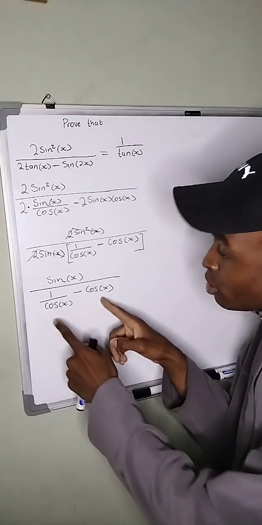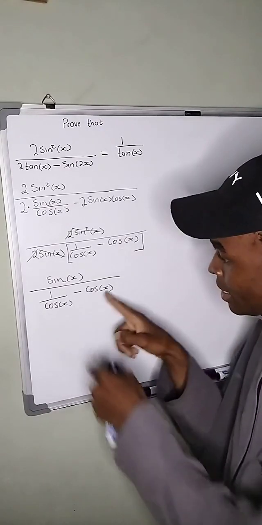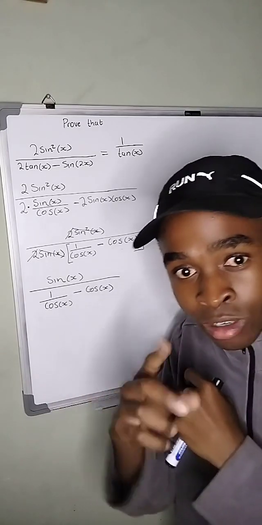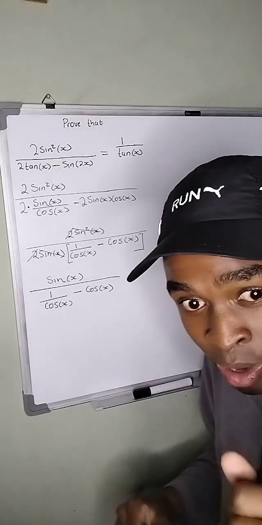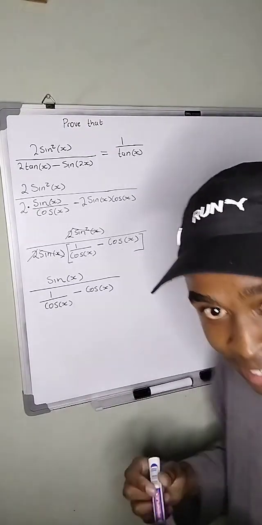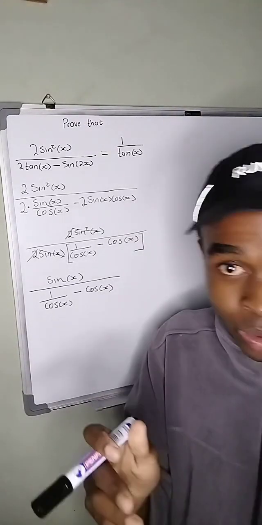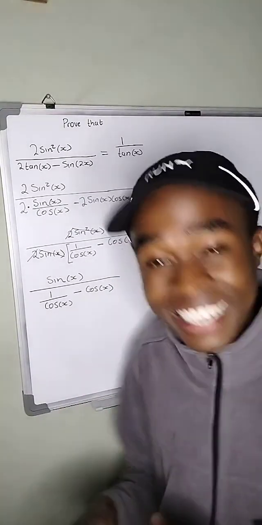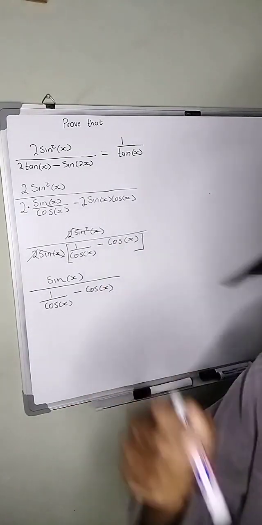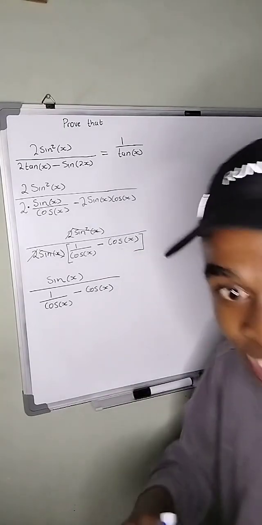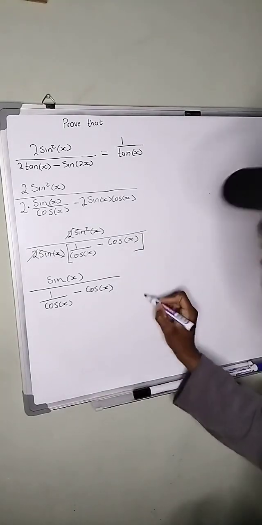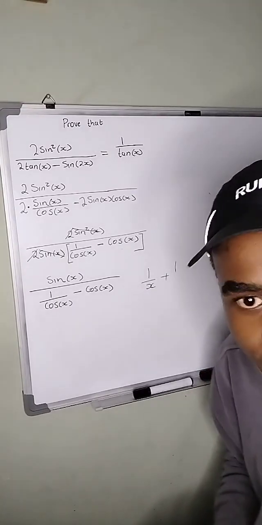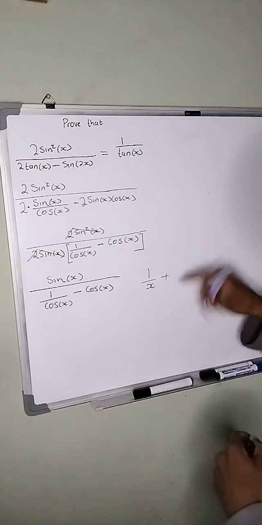I'm going to make the denominator the same in these two terms, right? And how am I going to make that? Obviously, for those who don't know how to make the denominators the same, if I'm having 1 over x plus 1, what do I have to do here?